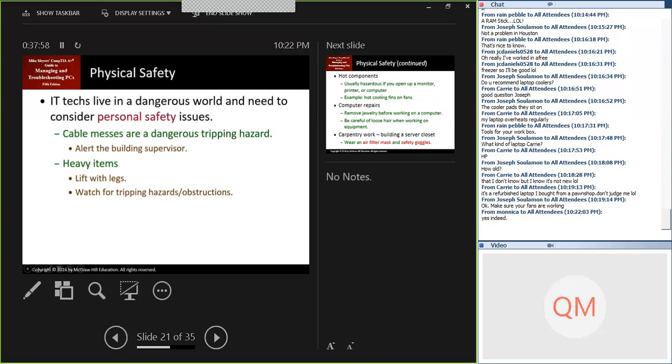Physical safety. Y'all are going to read the chapter, but the reality of the situation is, I'll upload pictures of cable catastrophes.